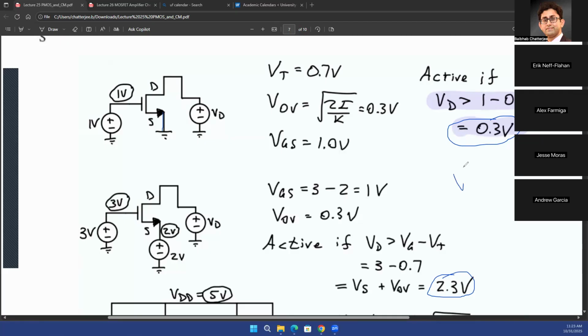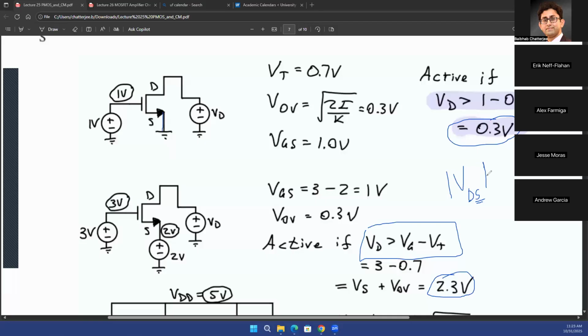Whenever you're considering VDS, the equation that we write already has the source voltage considered. VDS is equal to VD minus VS, so VS is already considered in the equation. There's no VS in the condition itself, and that's what you're asking, right?